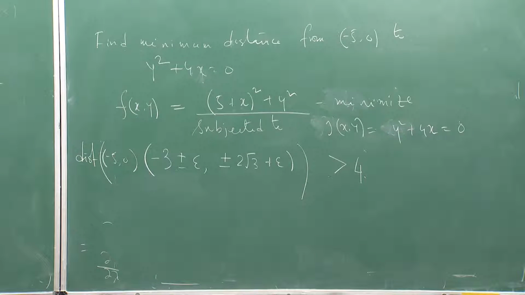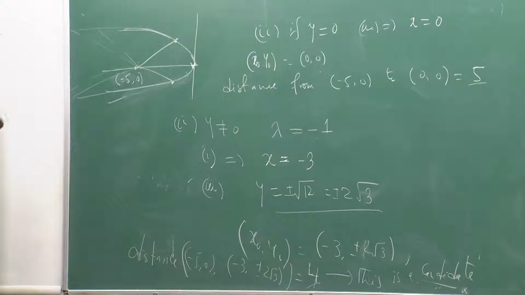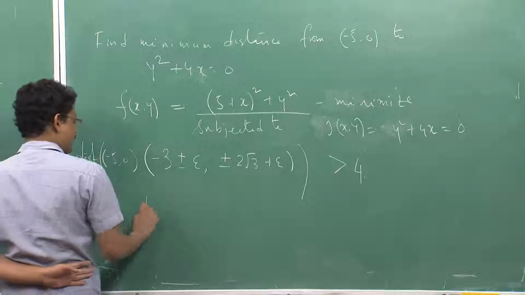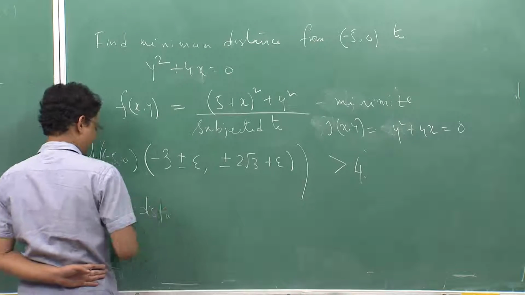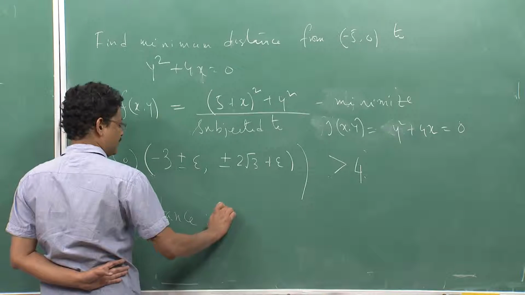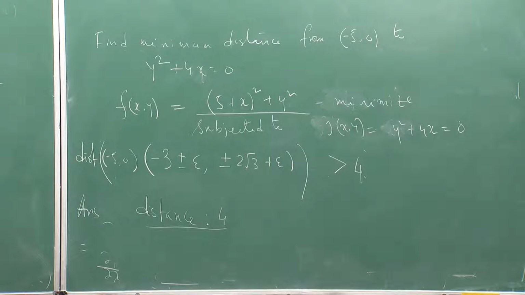That is very easy to show. Write down the formula, distance is greater than 4. So, the distance is actually the answer, 4. So, this is the Lagrange multiplier method.